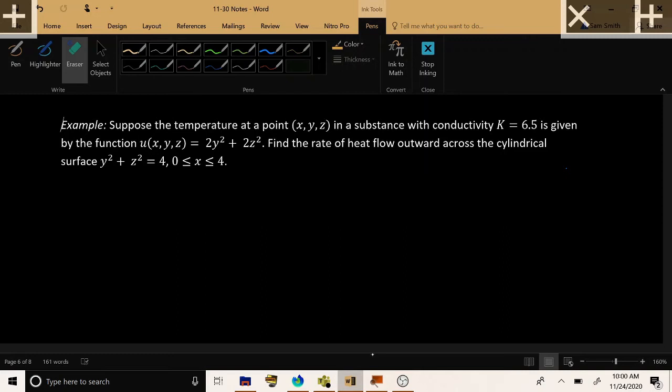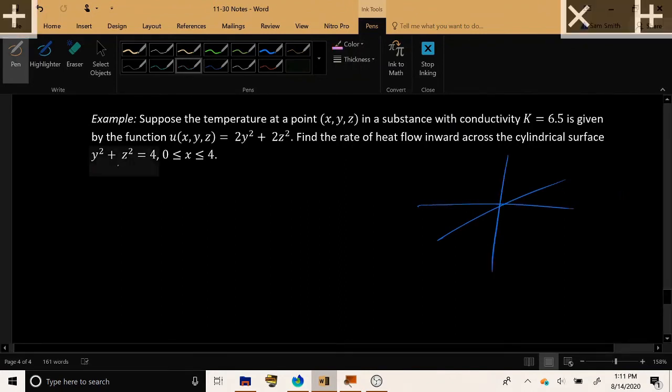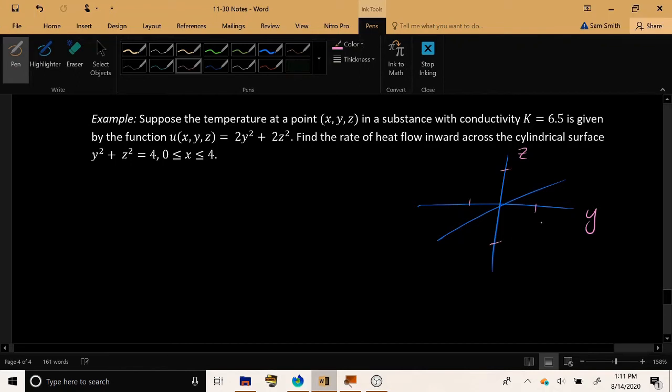So the first thing that I'm going to do is I'm going to sketch a graph of this surface. So let's just get a read on our surface here. We have a surface where the z and y coordinates are forming a circle of radius 2.